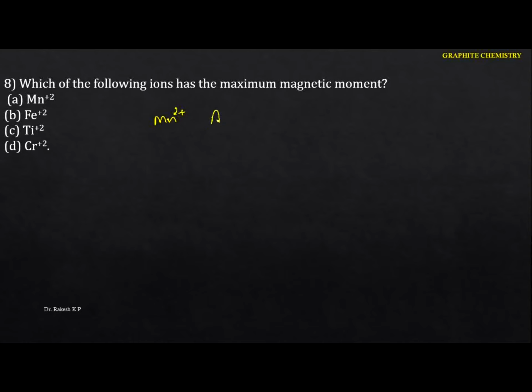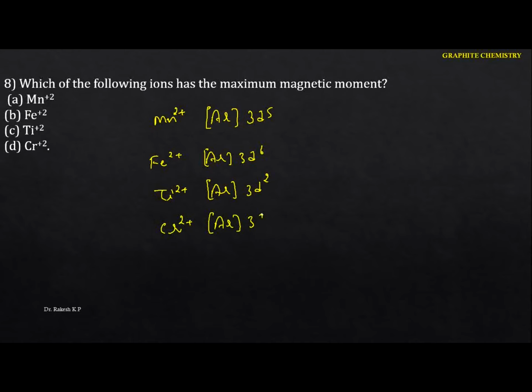For Mn2+ we have argon 3d5. Next is Fe2+, argon 3d6. Next is Ti2+, the titanium ion, argon 3d2. The last one is chromium, Cr2+, argon 3d4.